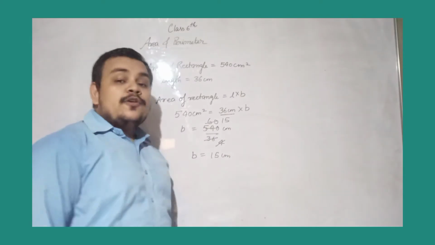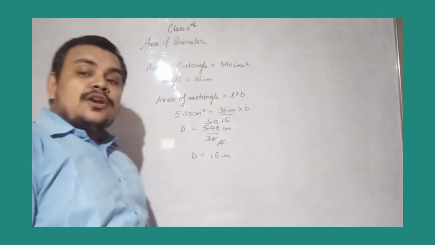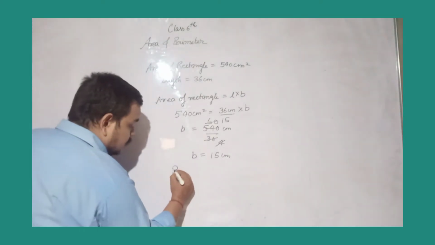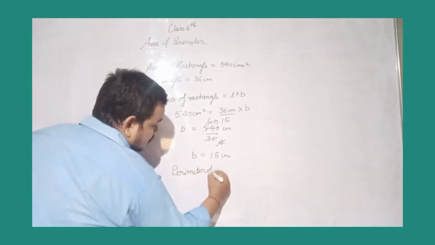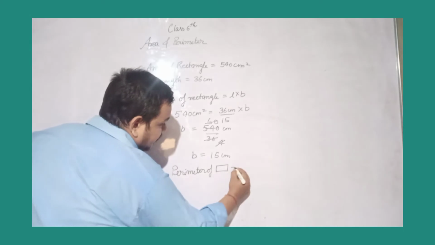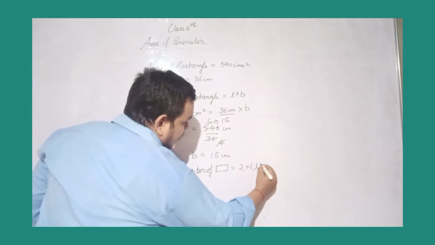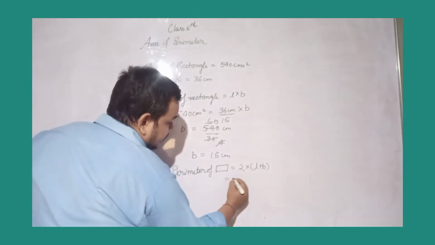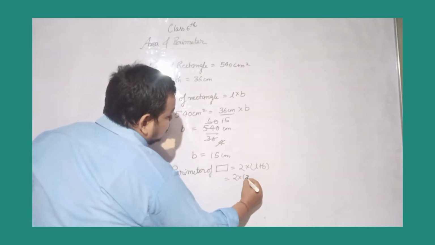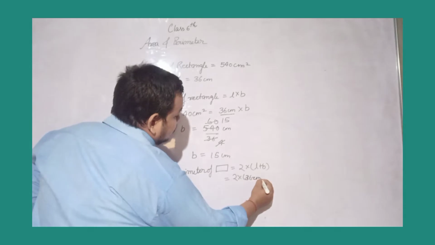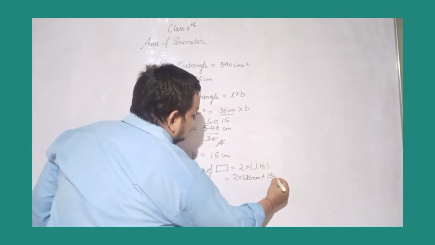Now it is telling us to find the perimeter of the figure. So perimeter of rectangle is equal to 2 into L plus B. So it became 2 into L, which is given 36 centimeter, plus 15 centimeter.